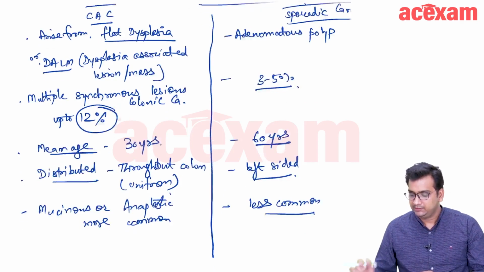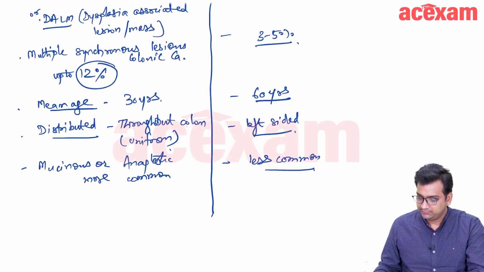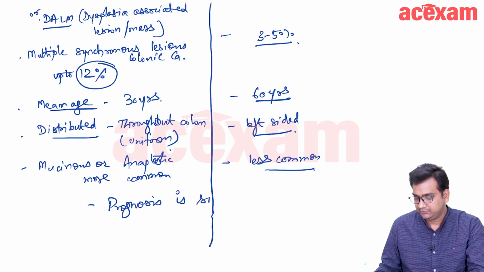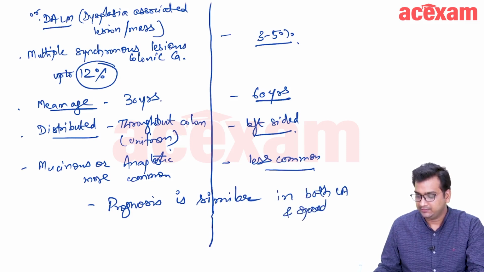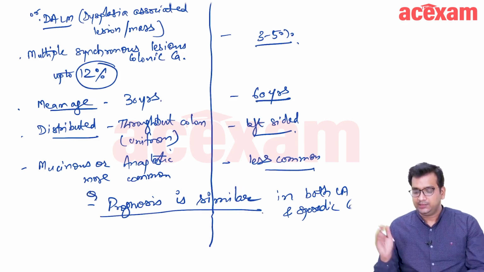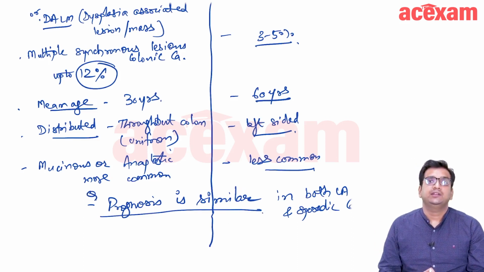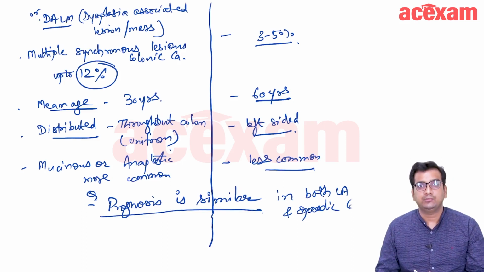But the prognosis is similar in both colitis associated cancer and sporadic cancer. Okay, so this question is very commonly asked, that as it is associated with mucinous variant more, so it is associated with poor prognosis. No, the prognosis is similar between both the two groups.